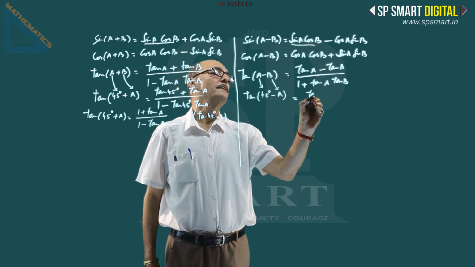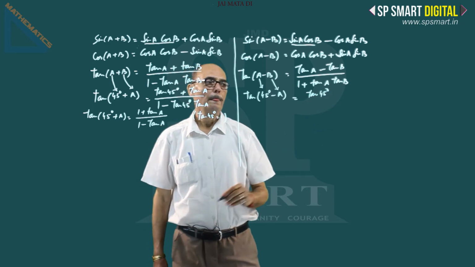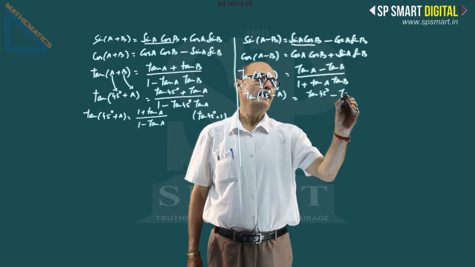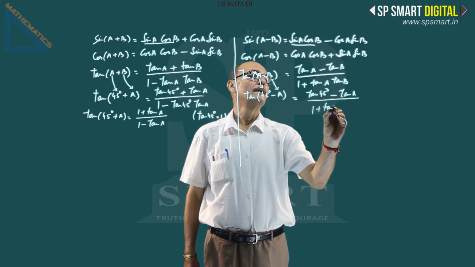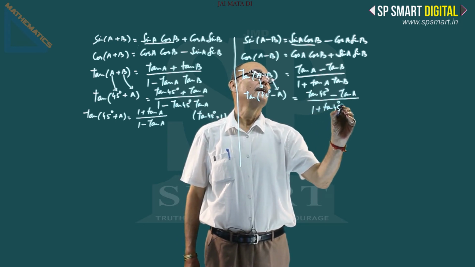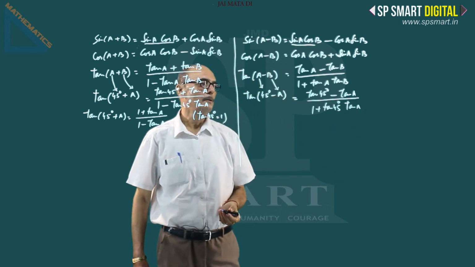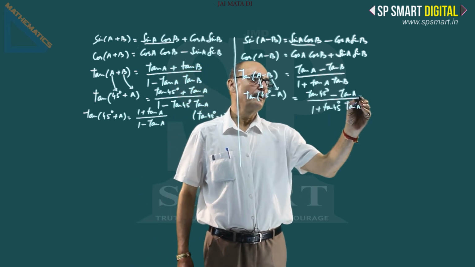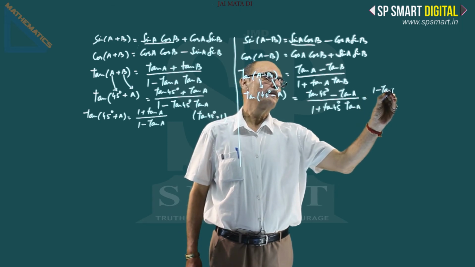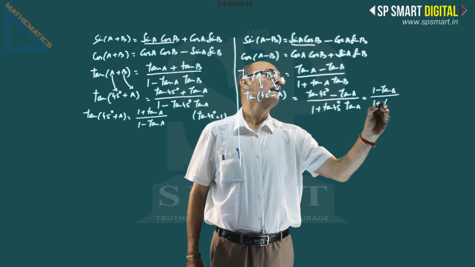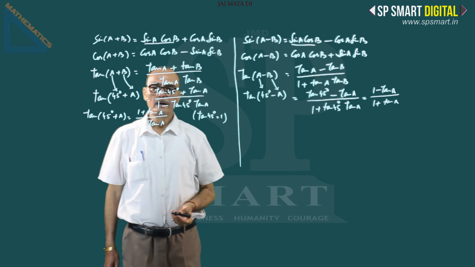So, on the right hand side this will be tan of 45 degrees minus tan of A upon 1 plus tan of 45 degrees into tan of A. So, tan 45 degrees is 1, giving 1 minus tan of A over 1 plus tan of A.